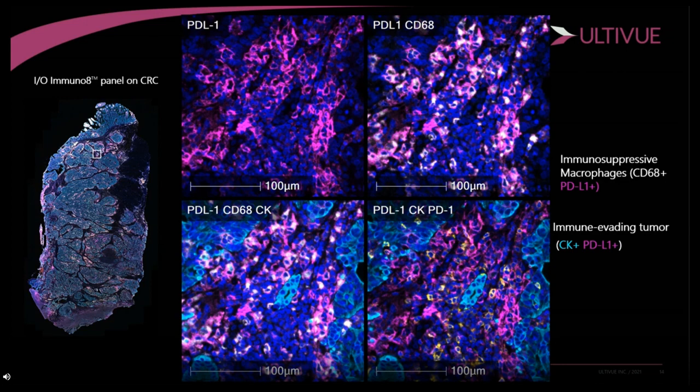And in the bottom right panel, I have added PD-1 so that we can look at the interaction between PD-1 and PD-L1 expressing cells. And again, I have kept the cytokeratin staining to be able to look at the specific localization of those positive cells with respect to tumor.